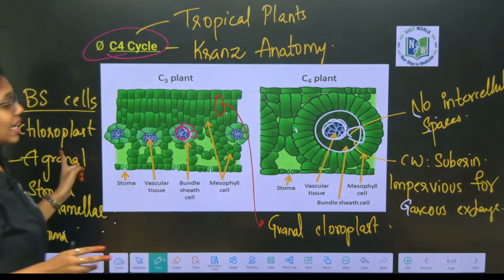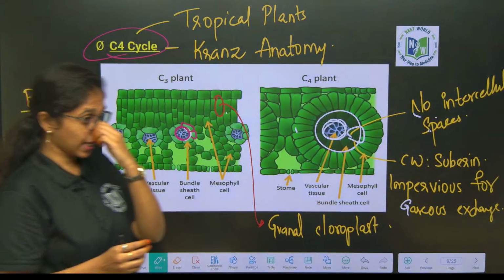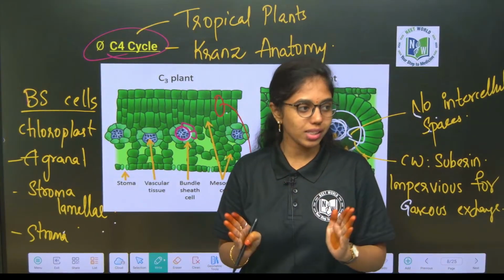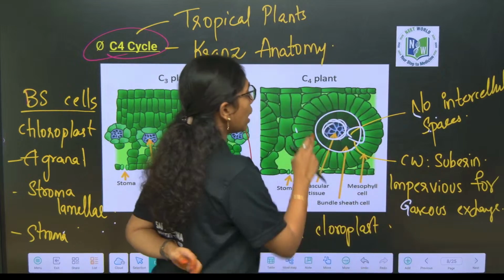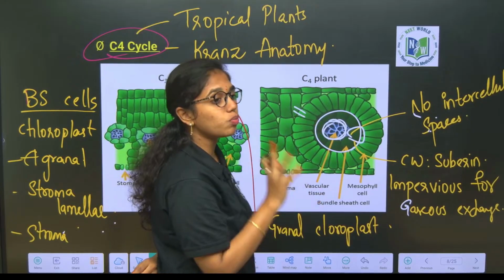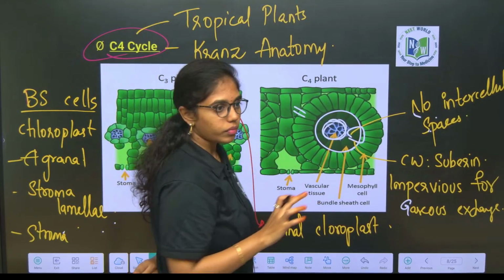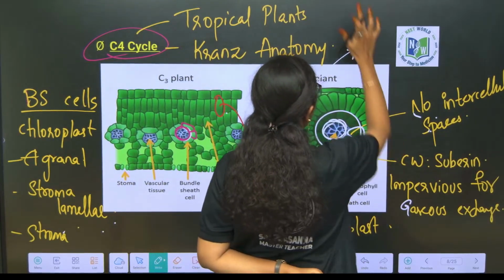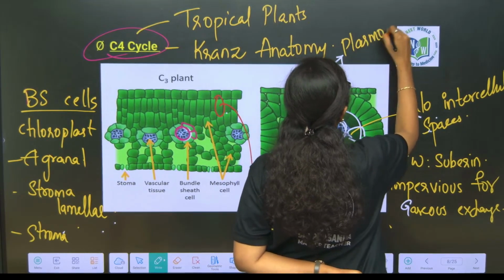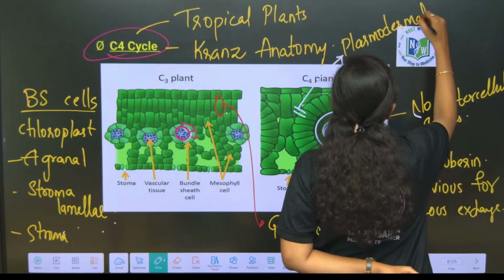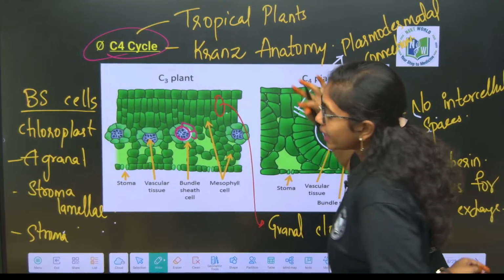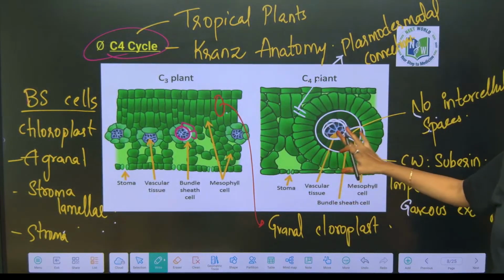Bundle sheath cells do not have grana, so they have agranal chloroplast, with stroma lamellae and stroma present. Now, these bundle sheath cells are connected with mesophyll cells by plasmodesmatal connections. So complete Kranz anatomy is clear to you, right? Any doubt anywhere? No.